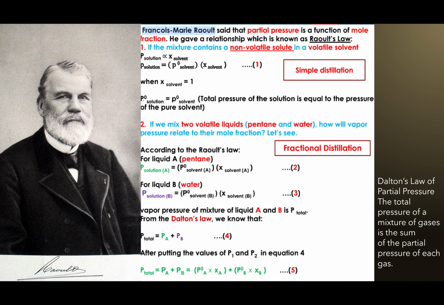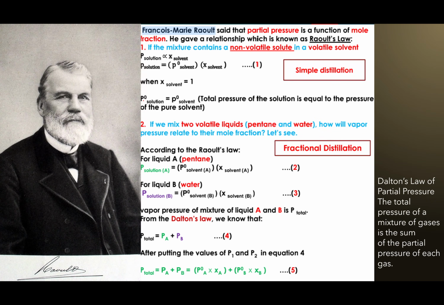And we get the overall pressure through Dalton's law. The total pressure is going to be equal to the partial pressure of A plus the partial pressure of B. So what we're saying is, if we have a non-volatile solute and a volatile solvent, only the volatile solvent is going to be contributing.